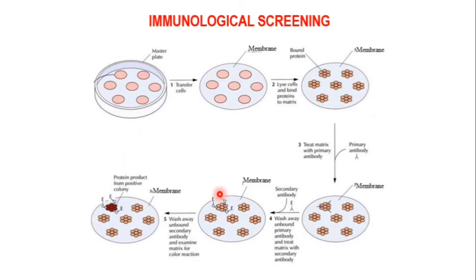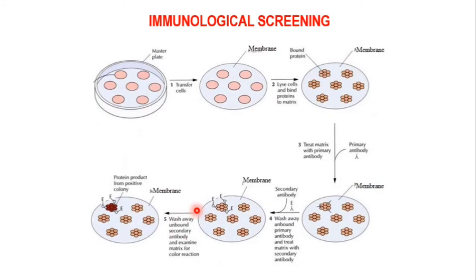Only the bound secondary antibody remains. The secondary antibody binds here only, because primary antibodies bind here only. The other secondary antibodies will be washed away because there is no other primary antibody.